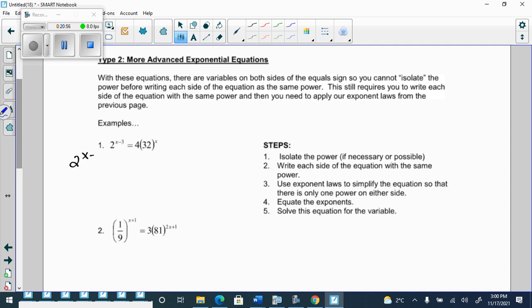And 32 is 2 to the what? It is 5. With an x here. So 4 is 2 to the 2, 32 is 2 to the 5. I'm going to put these ones together and let this sit. 2 to the x minus 3 equals 2 to the 2 times 2 to the 5x.